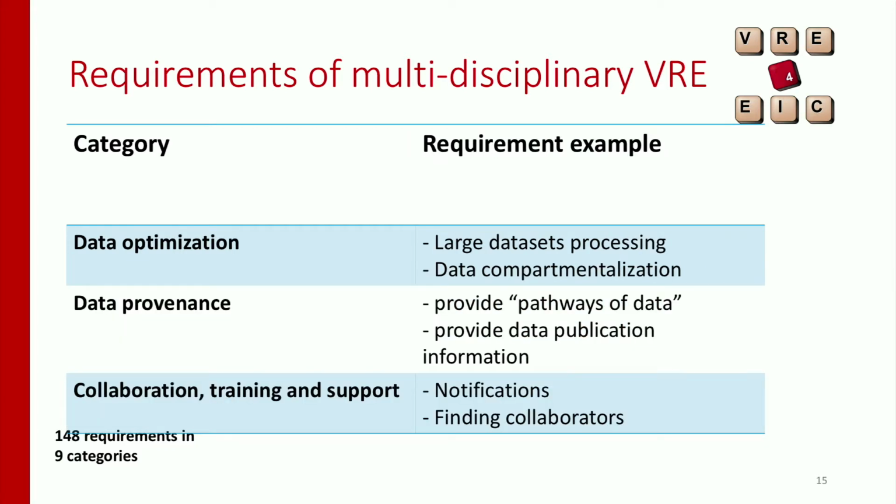Data optimization requirements define the needs of providing computational transformation and processing toward desired effects from the viewpoint of data object creator or users. Data provenance requirements define the needs of making notes on the transformation and the computational process on data objects. Collaboration and training support requirements define the needs of providing research collaboration tools and menus for using VRE system.